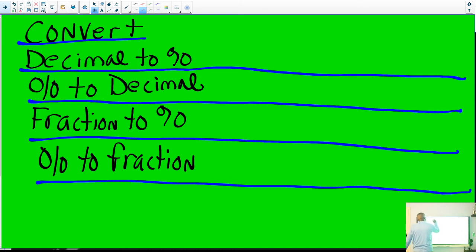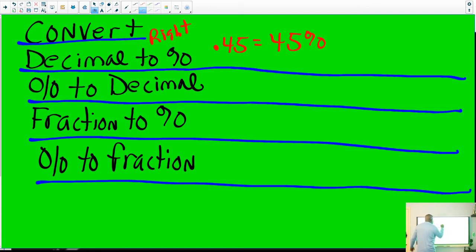Convert a decimal to a percent. Let's say you've got the decimal 0.45, and you want to convert that to a percent. It's 45%. How hard is that? All you're doing is moving your decimal to the right twice. Make sure you put down the word right.